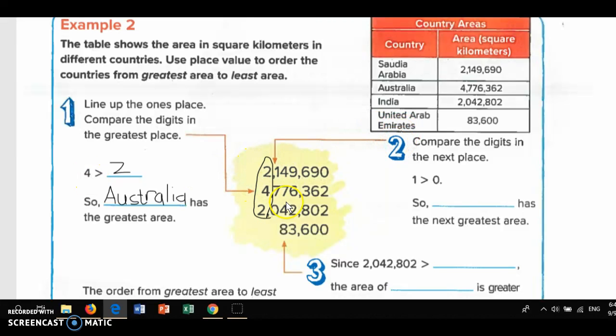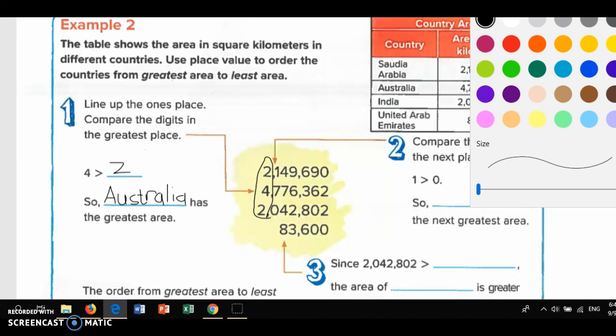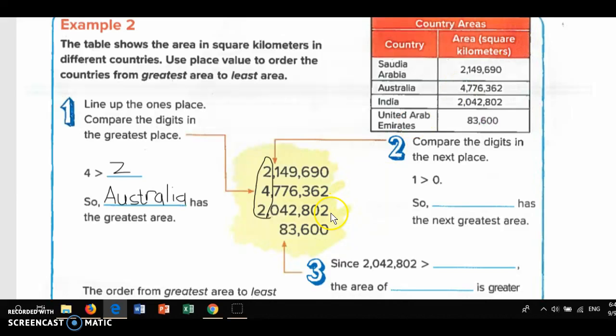Now, after we have done the first one, we need to find out which one is second. We go to the 100,000. Wait, let me do it in another color. We're going to the 100,000. We have a 1, a 7, and a 0. 1 and a 7. No, we're not using this one because we finished with this one.